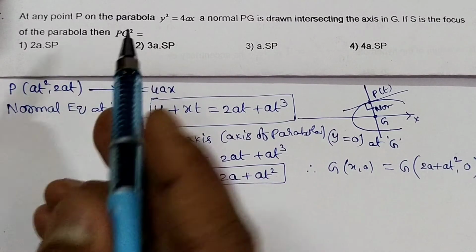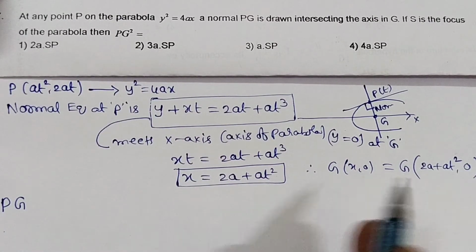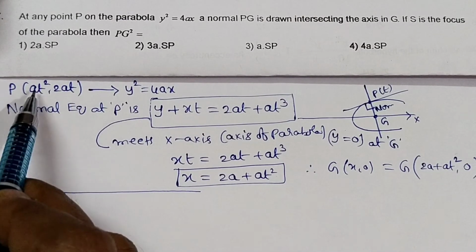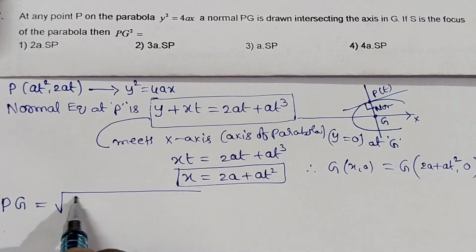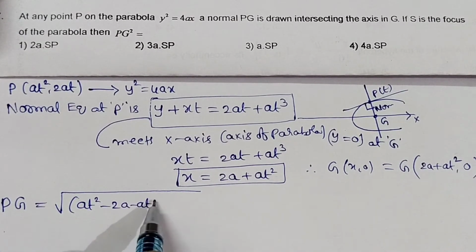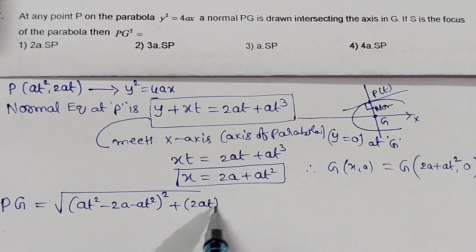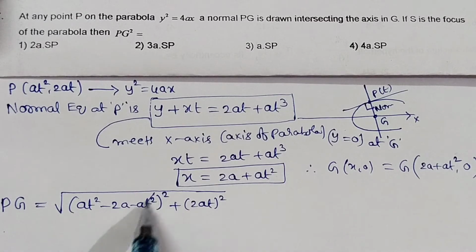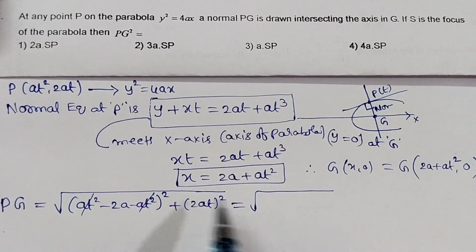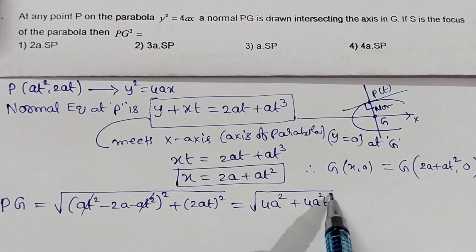So PG square equal to, first PG, the distance between P point and G point. So PG is equal to square root of at square minus 2a minus at square, whole square, plus 2at whole square. Minus at square plus at square get cancelled. Square root of minus 2a whole square means 4a square, plus 4a square t square.